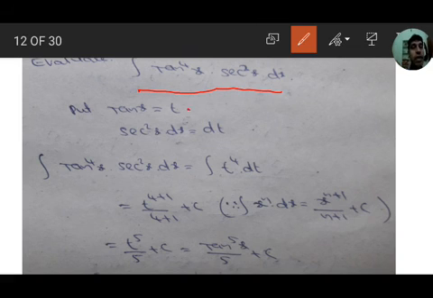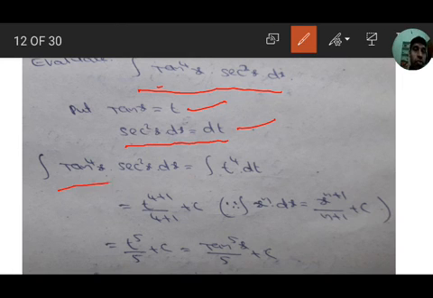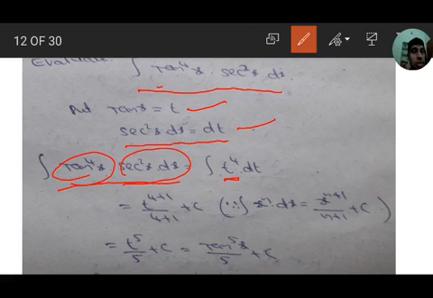So substitute tan x equal to t, and differentiate with respect to x, we get sec square x dx equal to dt. So integration tan to the power of 4 x into sec square x dx equals t to the power of 4, with sec square x dx equal to dt. Therefore integration t to the power of 4 dt.